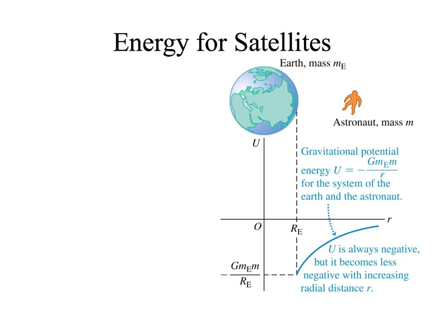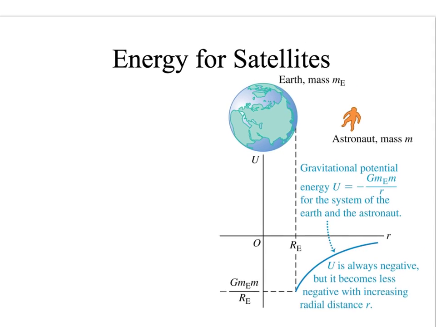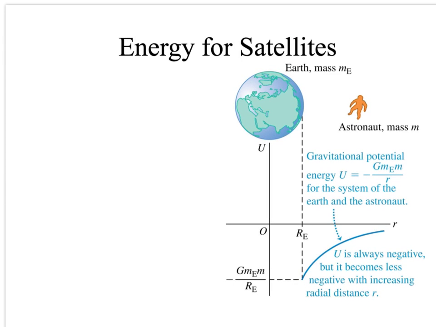So if we're talking about satellites, we just want to remember how we wrote the potential energy. The potential energy of an object, like a satellite orbiting the Earth, was found to be minus big G, the mass of the satellite, times the mass of the Earth over the radius, where this would be the distance from the center of the Earth.